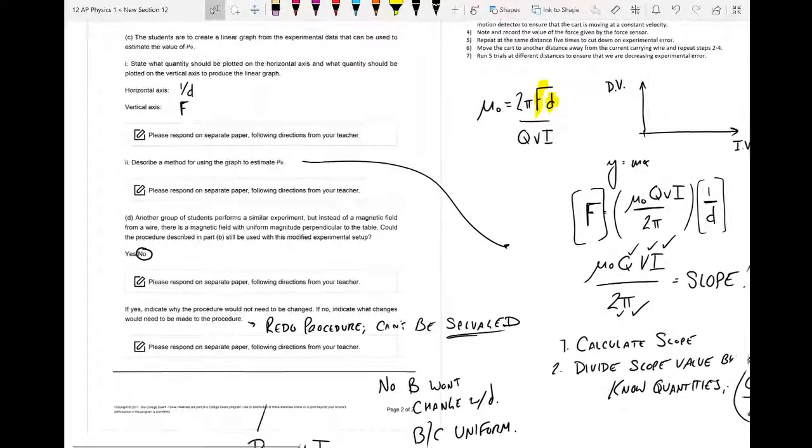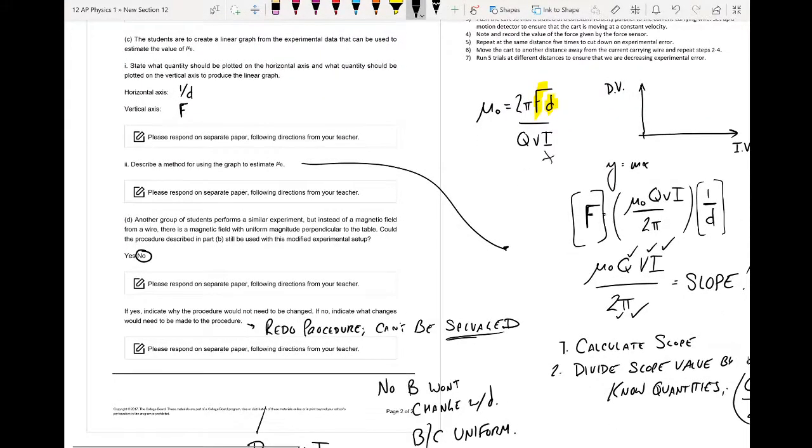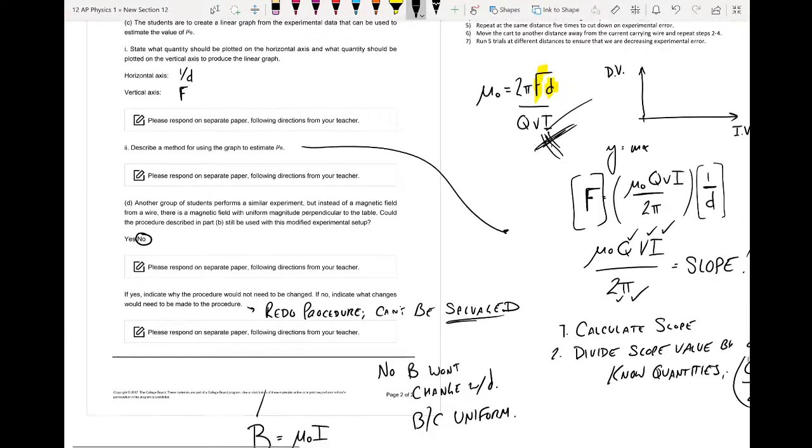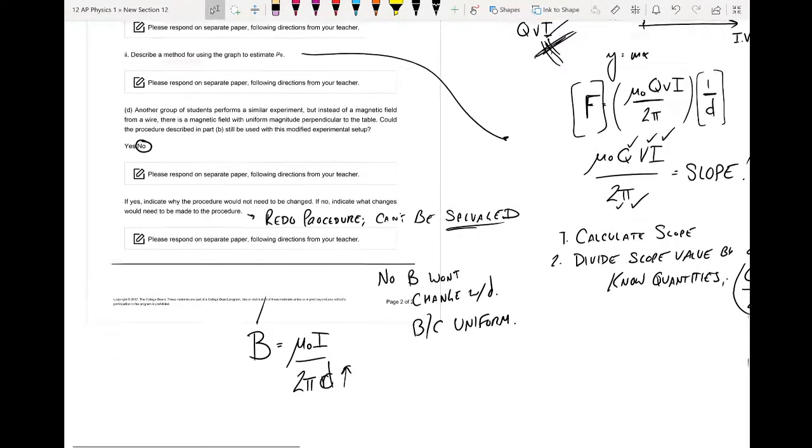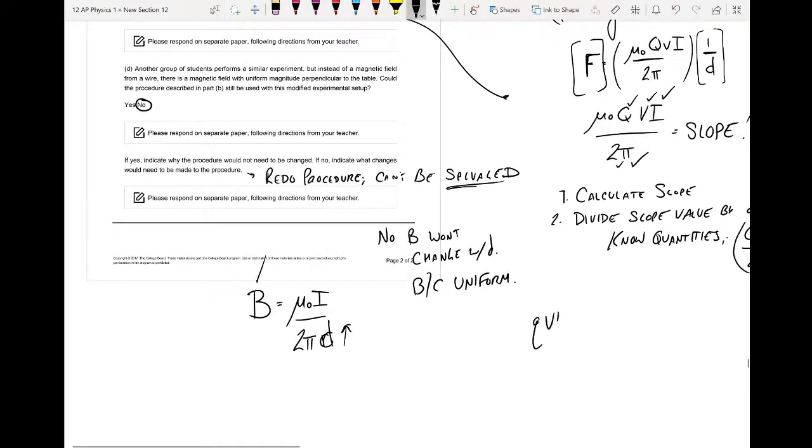Not I, because then you're getting rid of the current, so that would automatically not be good. But if you chose to change V, you could still do your experiment and be fine, because the magnetic field you were basing everything on, QVB equals F. If you change the B, you'll see a change in V. But in our case, we can't salvage it, we are done with that.